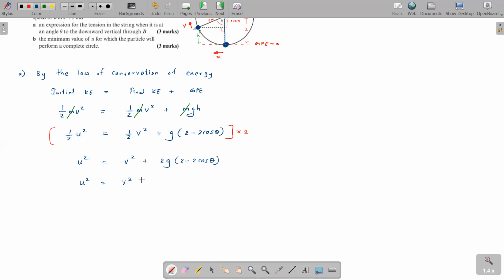That is u square equals v square plus 4g minus 4g cos theta. So v square equals u square minus 4g plus 4g cos theta. Is that okay?